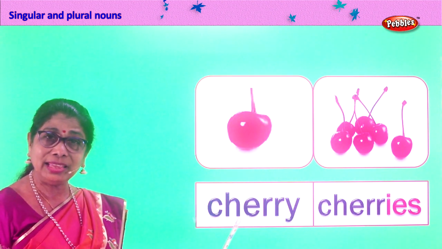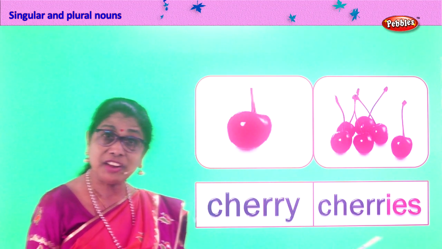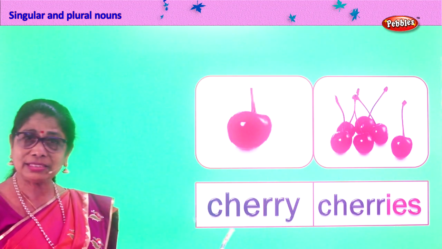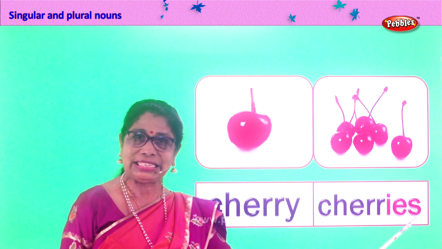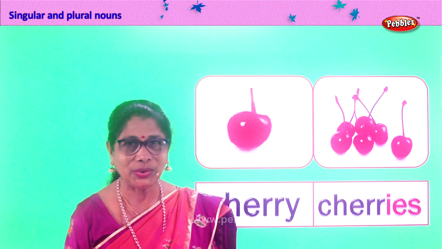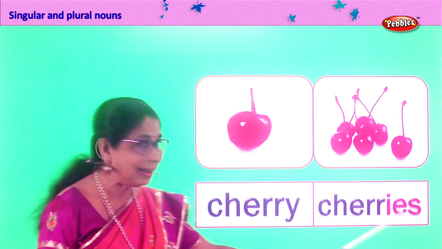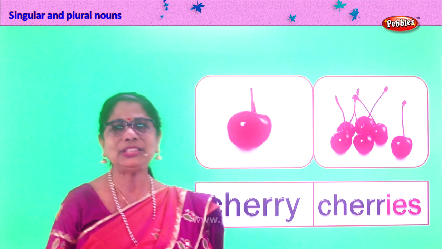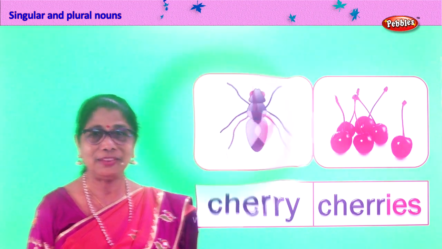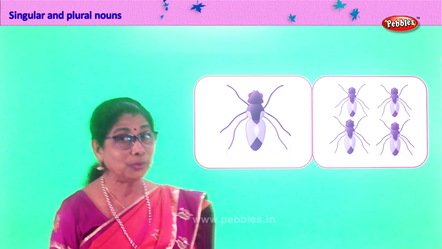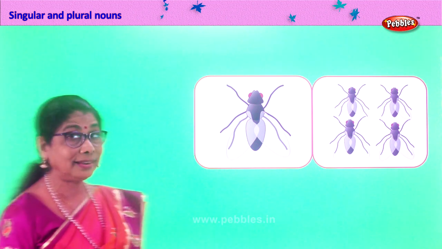One cherry, several cherries. Cherry, singular, cherries, plural. Did you enjoy forming the plural by removing Y, adding IES? Good.